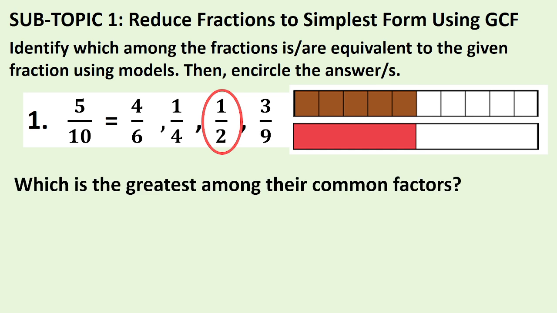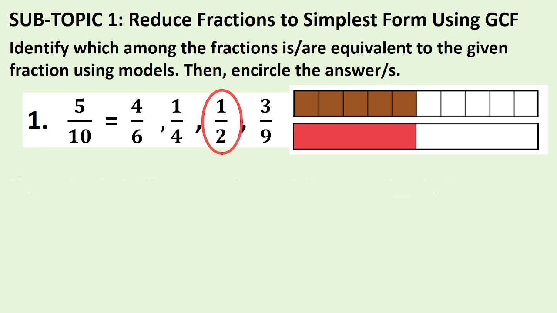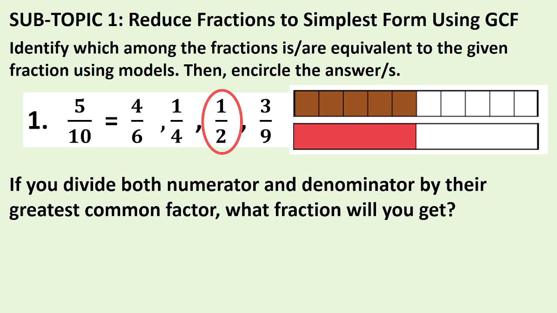Which is the greatest among their common factors? Answer: the greatest common factor of 5 and 10 is 5. If you divide both numerator and denominator by their greatest common factor, what fraction will you get?